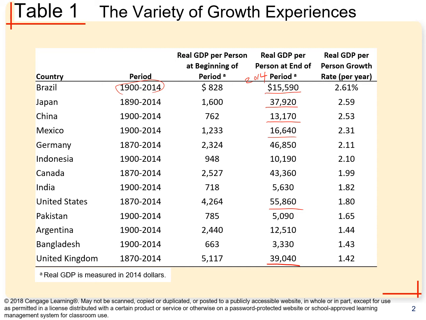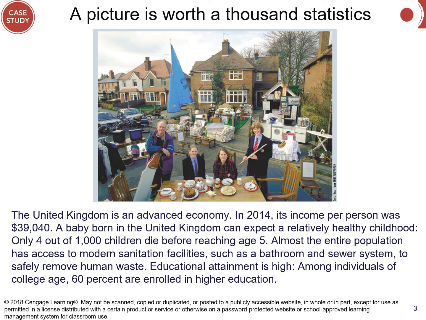What does this mean? What made these differences? That's the topic in this chapter 25. These three pictures show how the standard of living is different depending on income level, depending on per person real GDP.